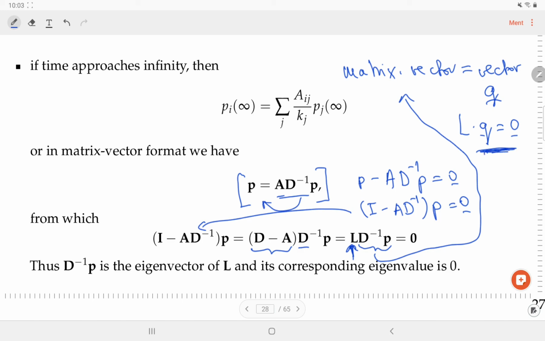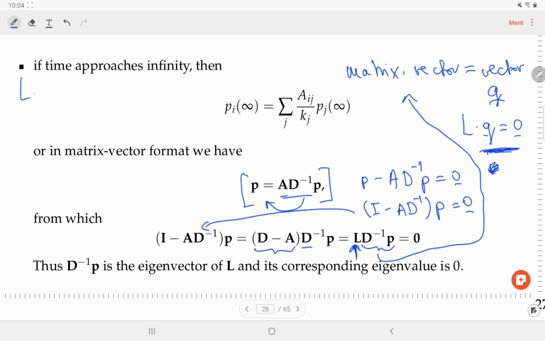This is an eigenvector equation in which we have the eigenvalue kappa: L times Q equal to kappa times Q. That is the general eigenvalue, eigenvector problem.